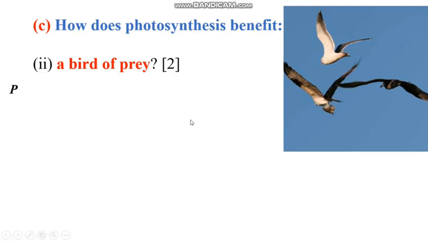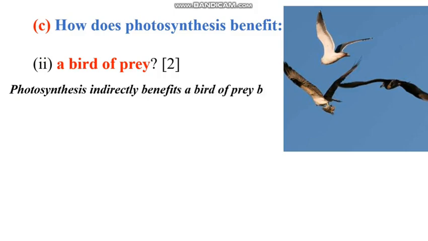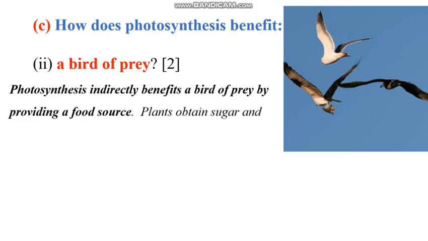So we have said that photosynthesis indirectly benefits a bird of prey by providing a food source. Plants obtain sugars and they act as a source of energy.